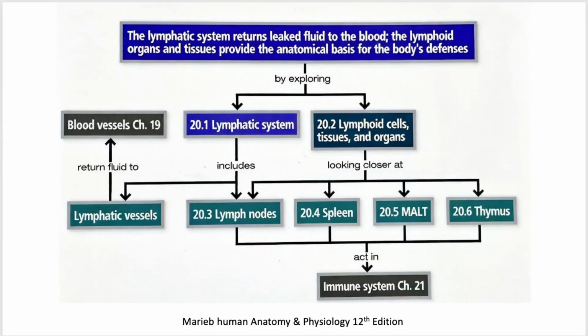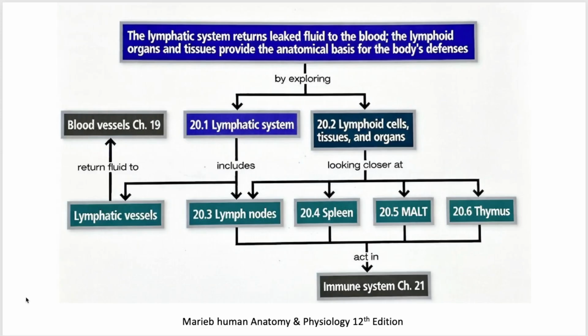So this is a little breakdown I got from the textbook on how to think of the lymphatic system. The lymphatic system itself is going to be composed of lymph nodes and lymphatic vessels. And then we also have what we call lymphoid cells, tissues, and organs, which is going to include the lymph nodes. So that's actually where we're going to see these organs and lymphatic system overlap.